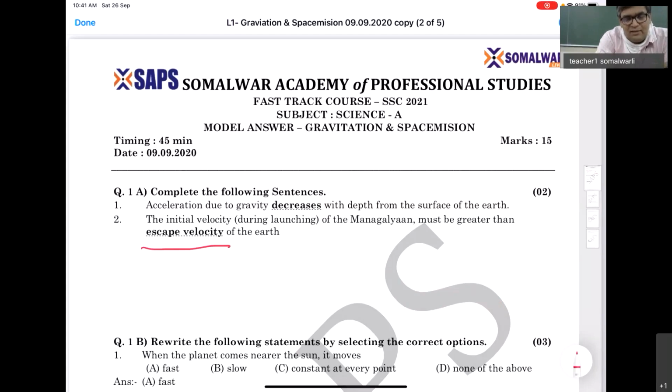Mangalyaan was about sending a spacecraft to Mars, and for that purpose the spacecraft or the rocket had to overcome the gravitational influence of the earth, and for that to happen the initial velocity, that is the launching velocity, must be in excess of the escape velocity of the earth. That's why the answer comes out to be escape velocity.